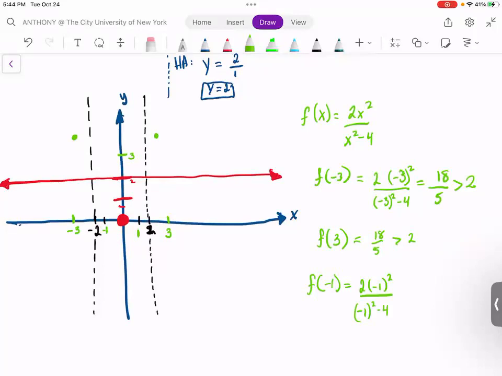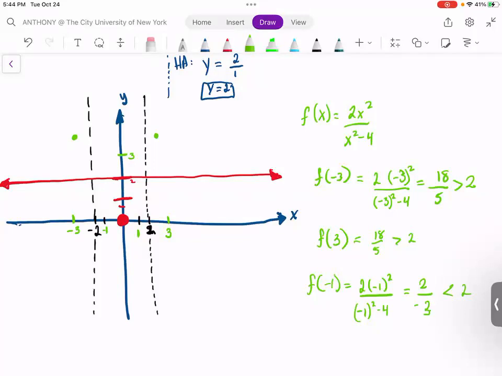So the numerator is 1 times 2, which is 2. Now, -1 squared is still 1, but 1 minus 4 is positive or negative? Negative. So we get -2/3, which, by the way, is less than the horizontal asymptote, which is 2. It's definitely going to be below the horizontal asymptote.